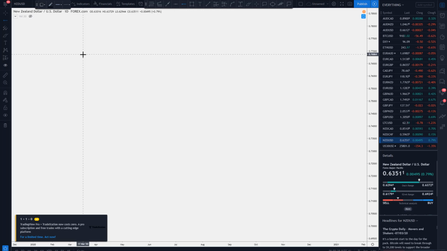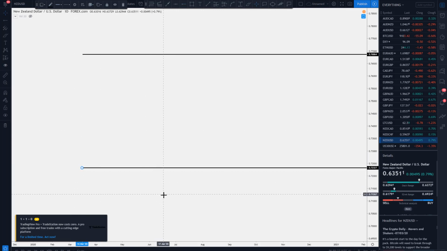So now, this is all I'm going to do. Draw a resistance point and draw a support point. And now I want you guys to imagine a chart coming up.